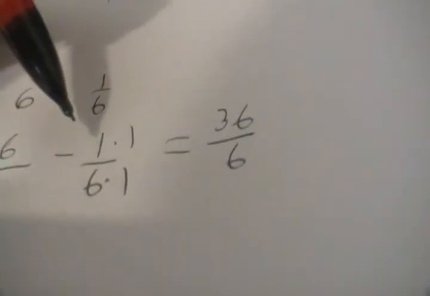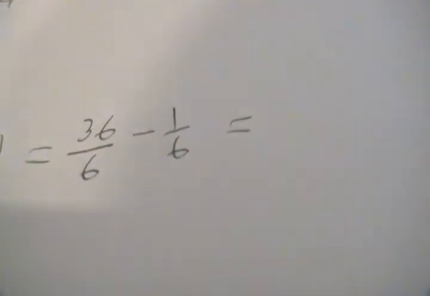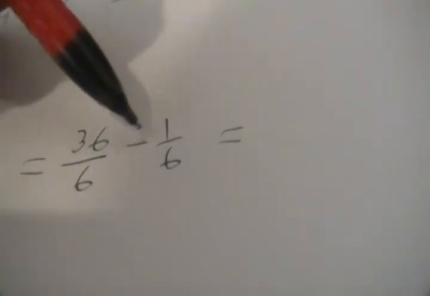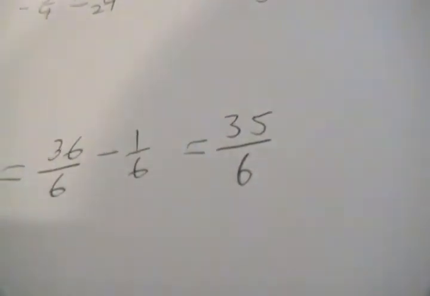Alright, so if we multiply it out, 6 times 6 is 36. Alright, 36 over 6, and then this is just minus 1/6. Okay, so that's equal to 36 minus 1 is 35 over 6. And we can leave it like that.